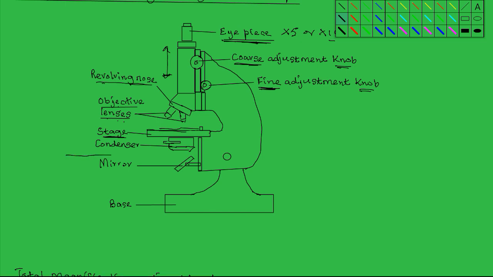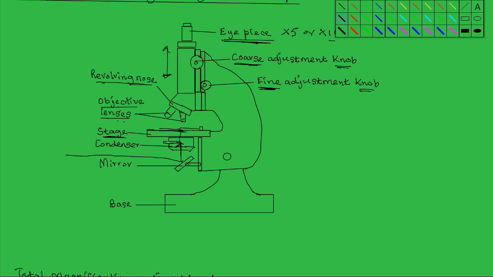The specimen is placed at the stage of the microscope, and light rays coming from the source, whatever the source is, come and hit the mirror. The mirror reflects the light rays to the condenser. The condenser concentrates the light rays into a very powerful beam. Then the light rays pass through the specimen on the stage, illuminating it.